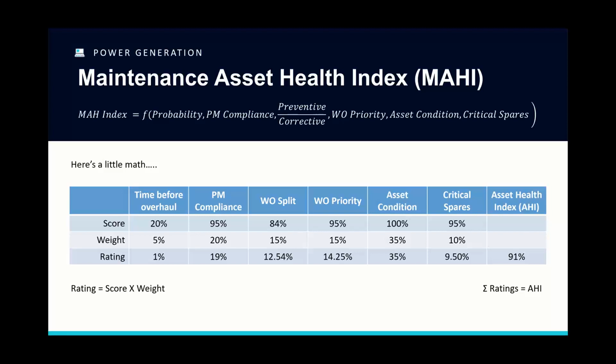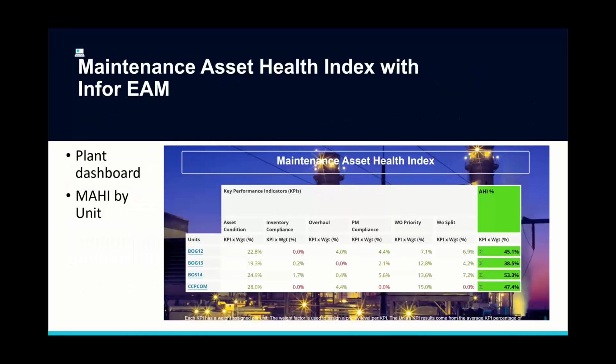So how does it look? I'll take you to a live system in just a second. Basically, we created a dashboard at a plant level, and it displays the maintenance asset health index at a unit level.